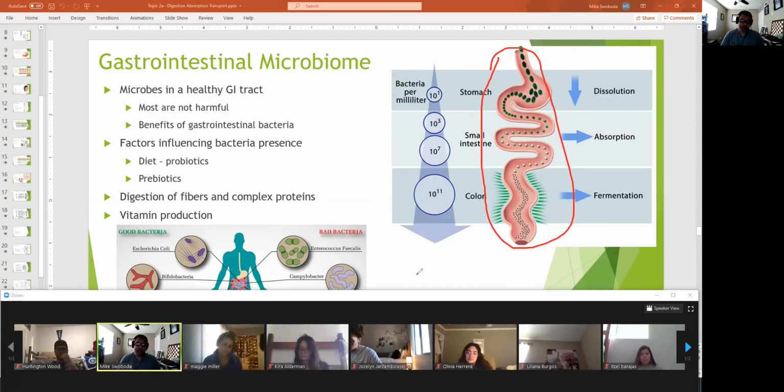Now, this is also why, when you get a stomach flu, you lose so much weight. It's not because of a decrease in how much food you're eating. It's because you are stripping your body of most of its bacteria, or its gut biome. Whenever you take antibiotics, it's going to kill most of this.